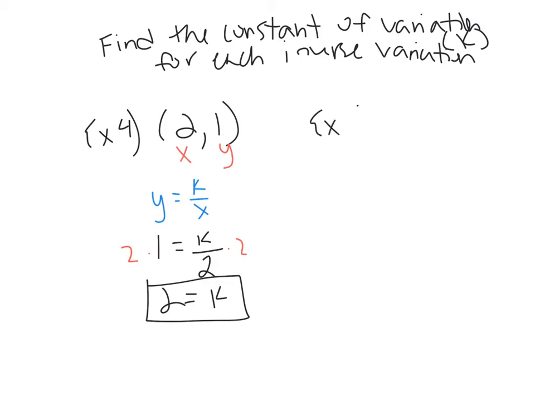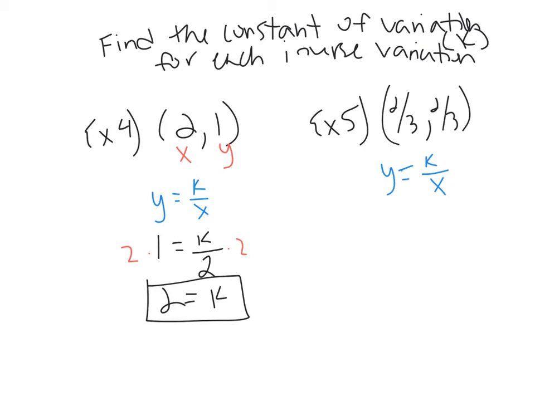So let's try another one of this nature. What if this time we have the point 2/3, 2/3. Don't freak out, fractions are your friends. We can do this one together. First off, we know that we have an inverse variation, right? So again, y equals some value that I'm looking for divided by x.